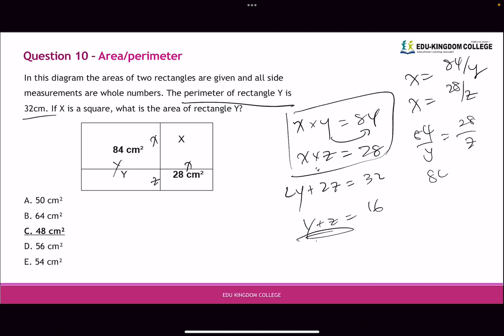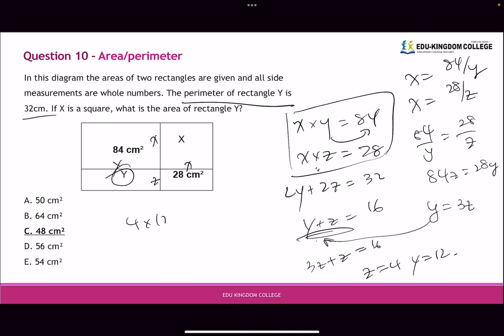So 84z equals 28y. So y equals 3z if you cancel out the 84 and the 28. Which must mean that 3z plus z equals 16 if we sub it back in here. So z equals 4, which must mean y equals 12, which must mean the area of rectangle y, which is 4 times 12, equals 48.